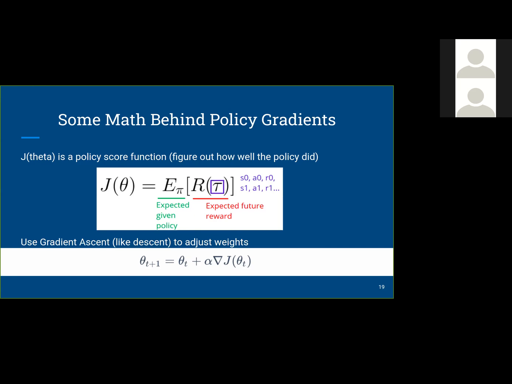But for gradient ascent, we have to use a plus sign to try and maximize our rewards using gradients. That just says the new parameters, the parameters from time plus 1, are equal to your old parameters with the gradient added to it. And that's why this is called policy gradients.